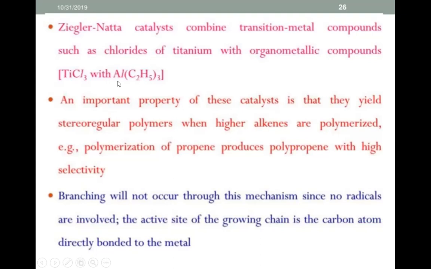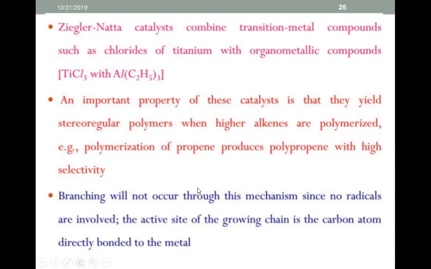An important property of this catalyst is that it yields stereoregular polymers when higher alkenes are polymerized. Example, polymerization of propene produces polypropene with higher selectivity. Branching will not occur through this mechanism since no radicals are involved.